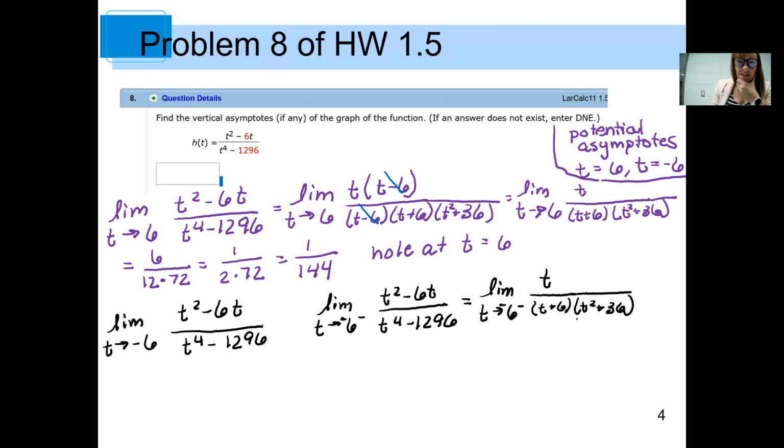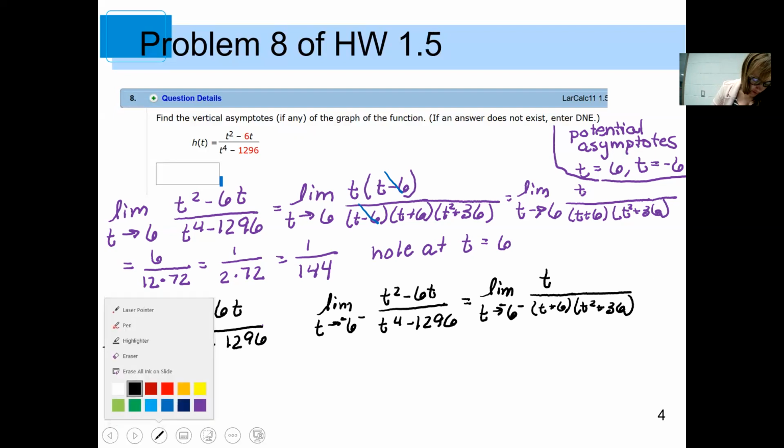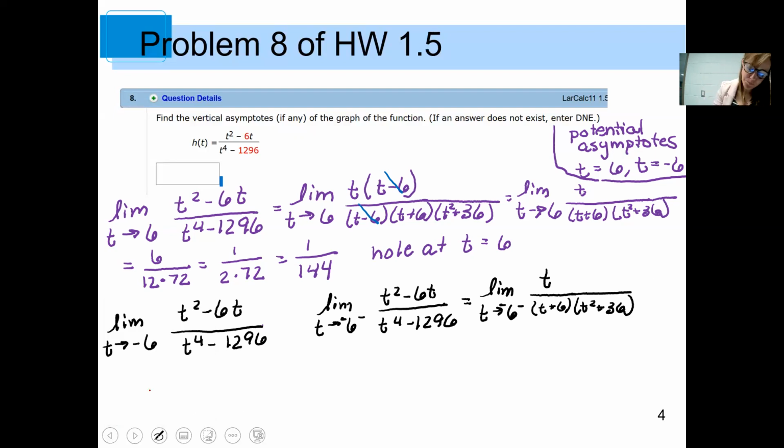But we end up still with that 0 in the denominator. Let's look at that. I'm going to switch colors here. This t plus 6, that factor I'm really concerned with, because for the t, if I directly substitute, we get a constant, -6. This would be a constant as well, so you can think of a number.